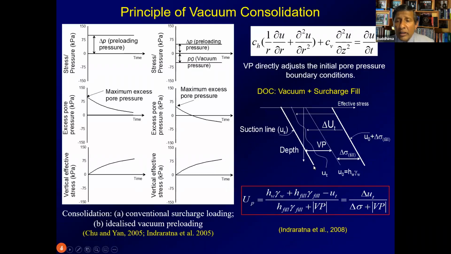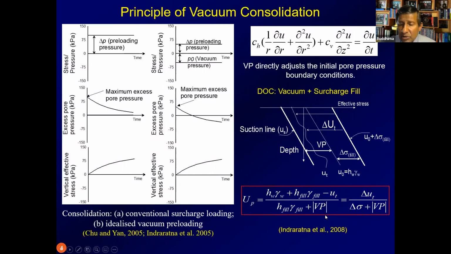So assuming that the degree of consolidation is based on the rate of pore pressure dissipation, as for the solution of this equation, then the degree of consolidation can be calculated with this equation, which I proposed in 2008, and the denominator of the equation will give you the vacuum pressure.